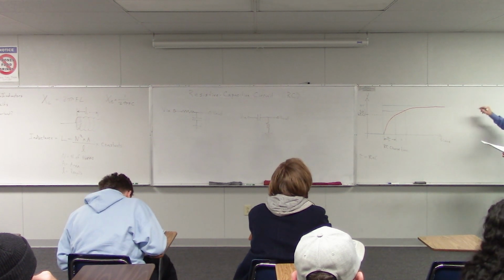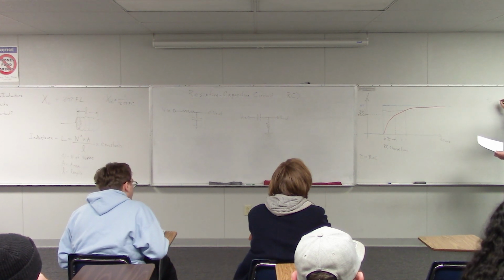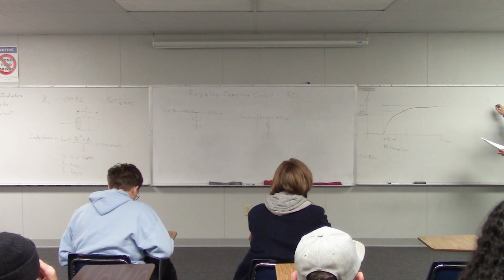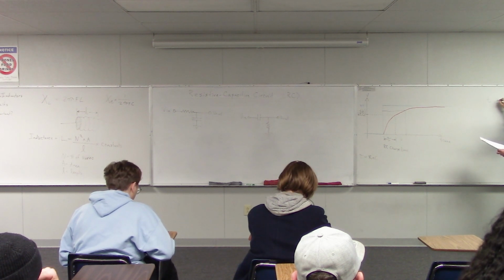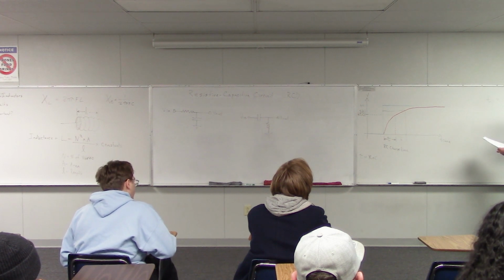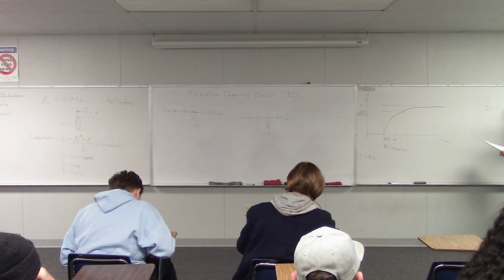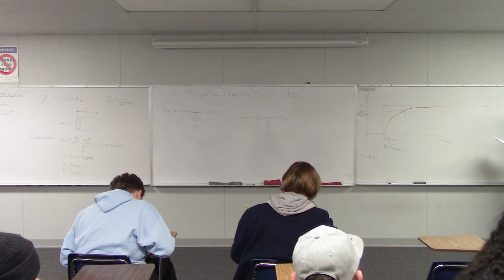So let me make a table over here because I'm going to run out of room. So after one time constant, the charge is about 63.2%. After two time constants, it's up to 86% or so.